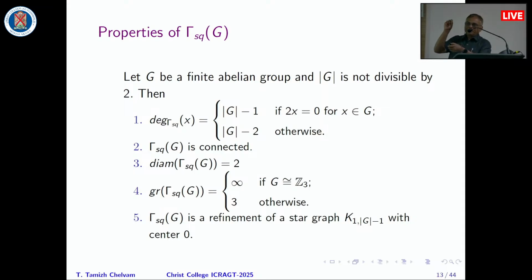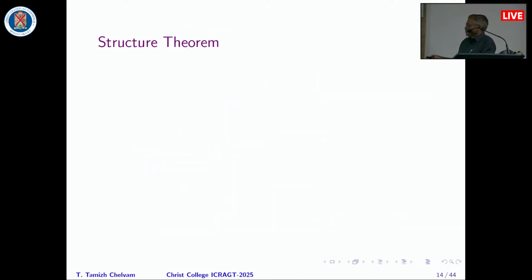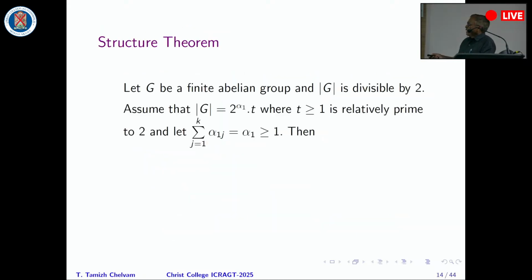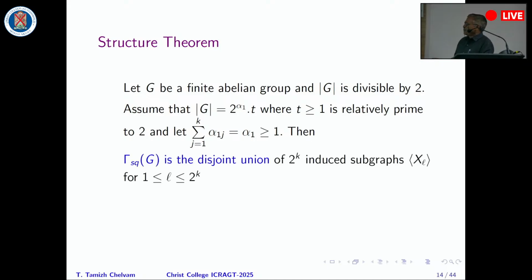Refinement: we divide the edges of this star graph, and we could prove a structure theorem. Ultimately, we have proved that the square element graph of G is nothing but the disjoint union of 2 to the power k induced subgraphs, induced by XL.